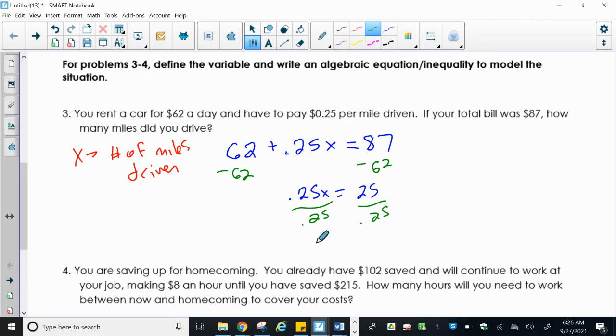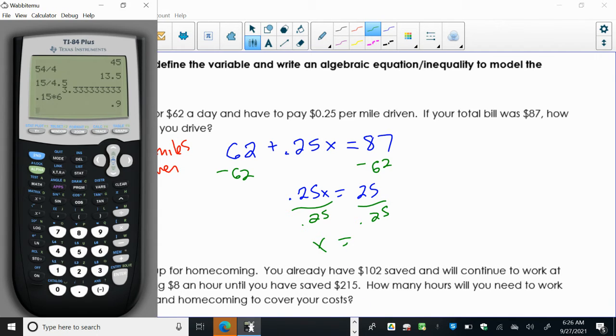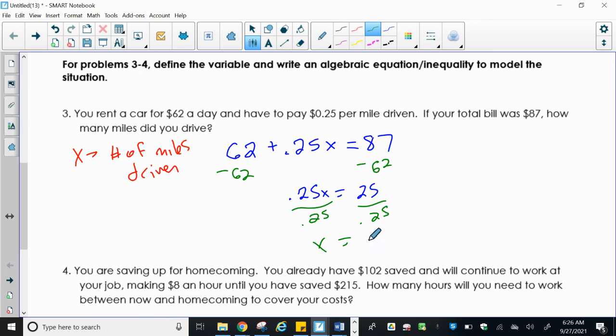Divide by 0.25. 25 divided by 0.25, 100. Okay, x equals 100. Now we need to remember to answer the question at the end. So we can say 100 miles driven.